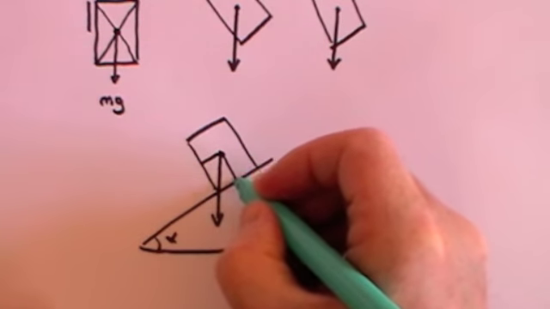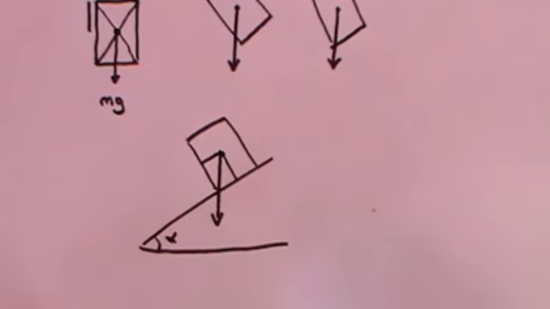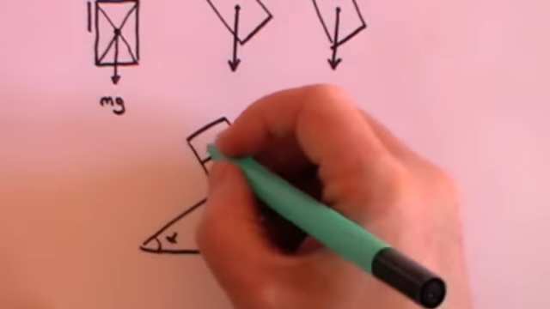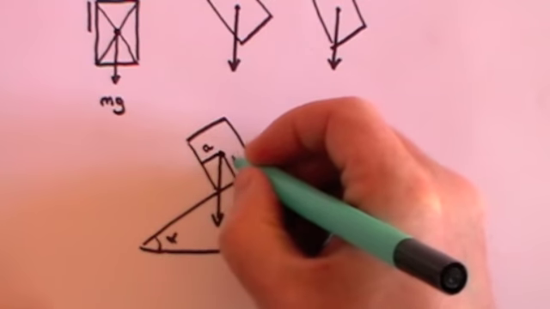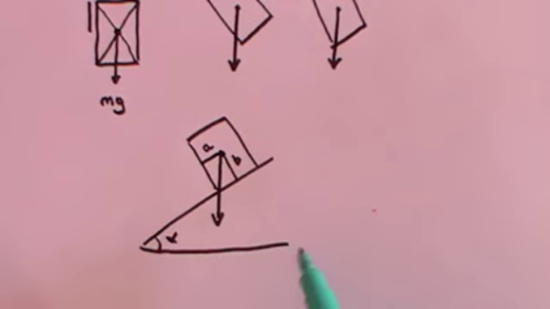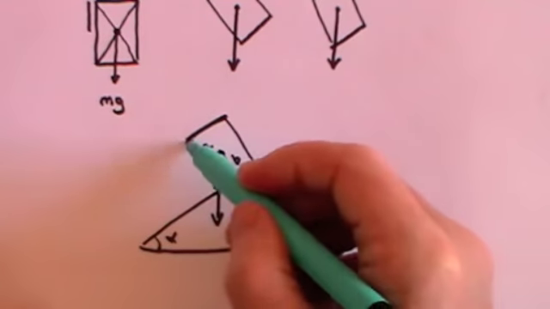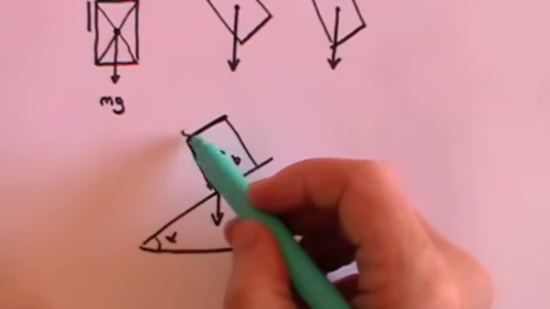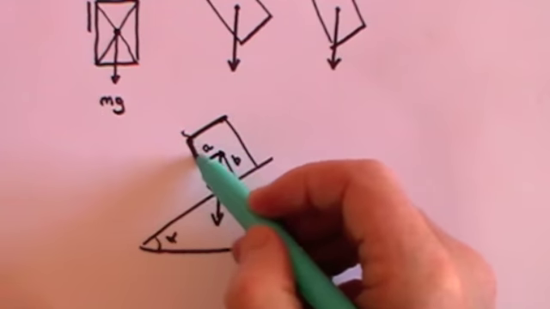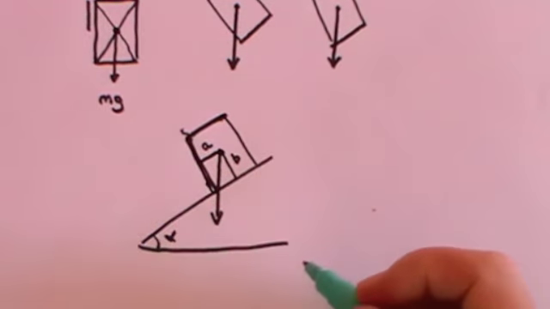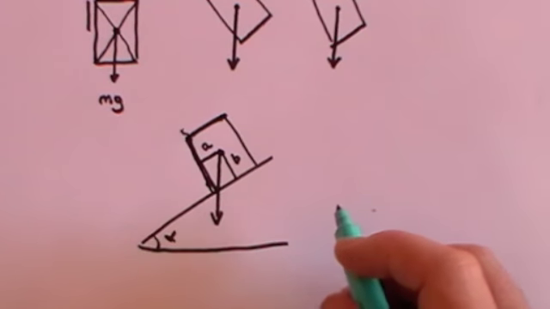Then how can you calculate at what angle you need to be? Well, you'll need to know the values of these two sides here, which I'll call A and B. A is usually half the total, and B is usually half the total side here. So half the base is A, half the side is B, unless you're told otherwise.